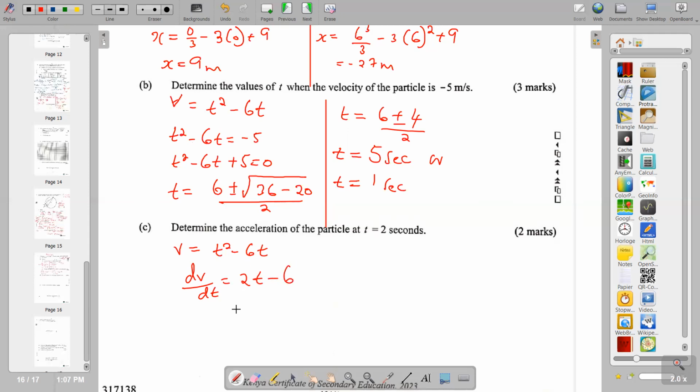Substituting at t is equal to 2, acceleration will be equal to 2 times 2 minus 6, which is 4 minus 6. So we find acceleration as negative 2 meters per square second.